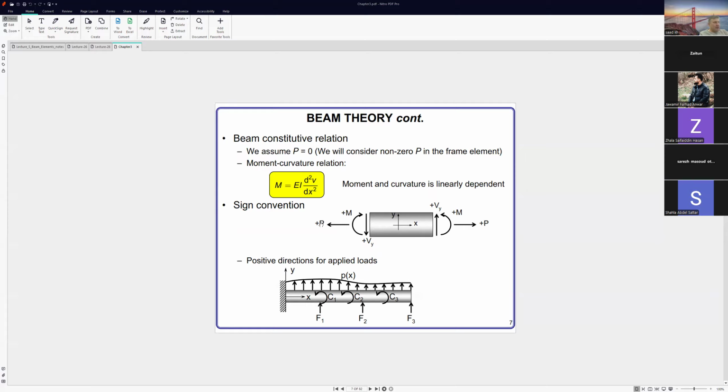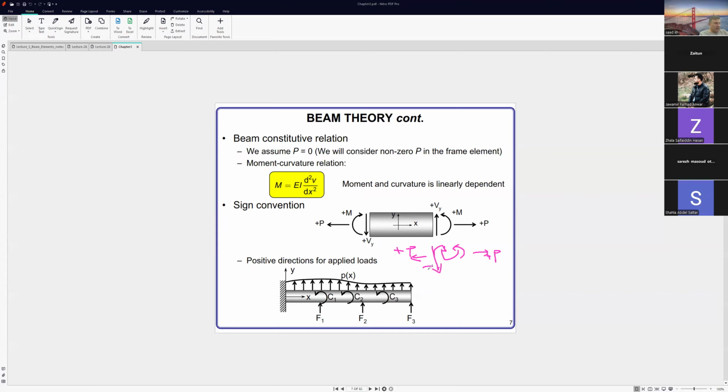So for the sign convention, P is positive if we have tension, and if we have compression it will be negative. This is the positive moment, and here we have tension, so tension plus, compression minus, and also we have the shear.